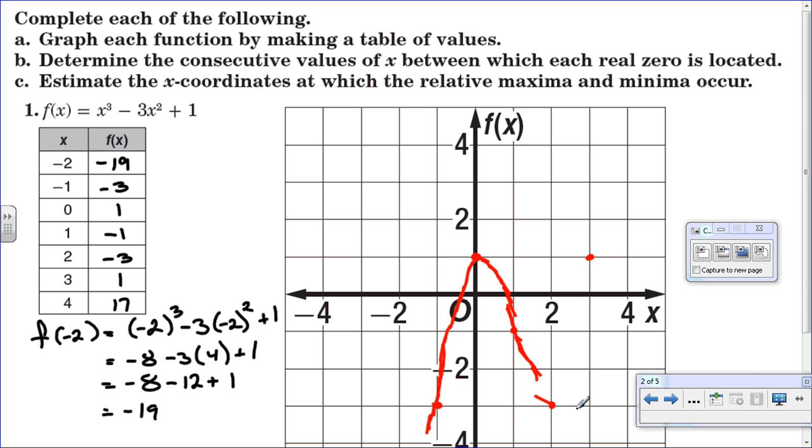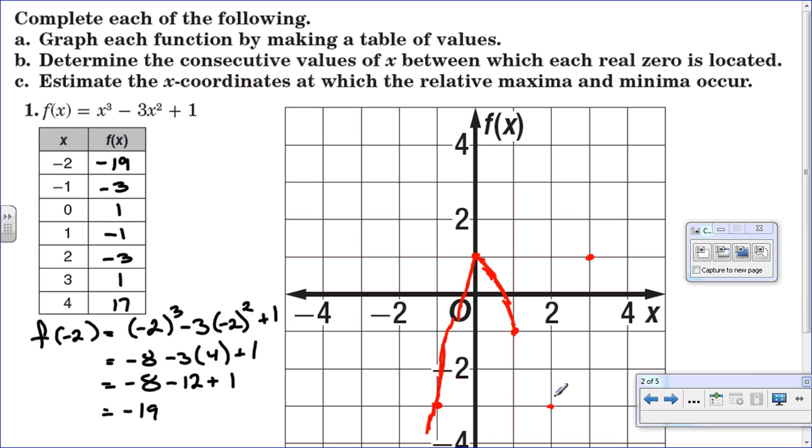I'm going to fix this up just a little bit here. Okay, let's put those dots back on. Alright, -1 goes to 3, 0 goes to 1, 1 goes to -1, 2 goes to -3. Let's see if I can do a better job here. There. This one curves down. It shouldn't be a sharp point.